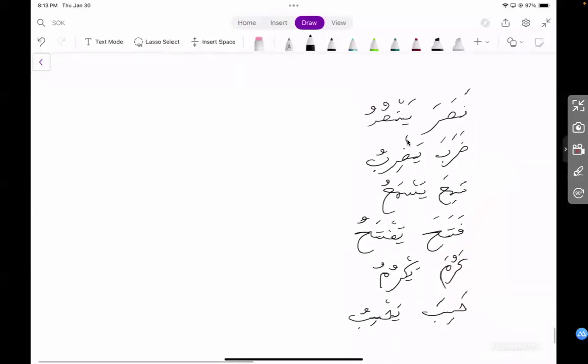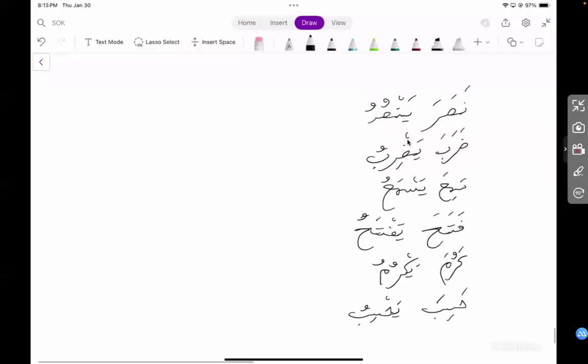Note that in some cases, you will have all fathas across the madi. For example, nasara has fatha on each of the letters, but the mudari has a dhamma on the Ain al-Kalima. Any thulathi mujarrad fi'l that you have will fall within these patterns. For example, let's take the verb sakata.